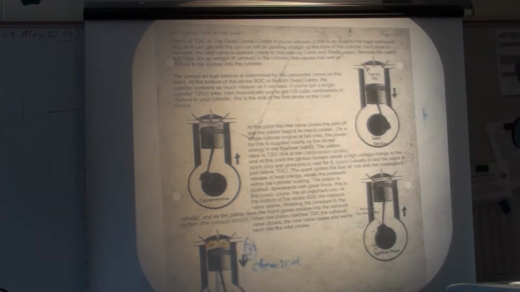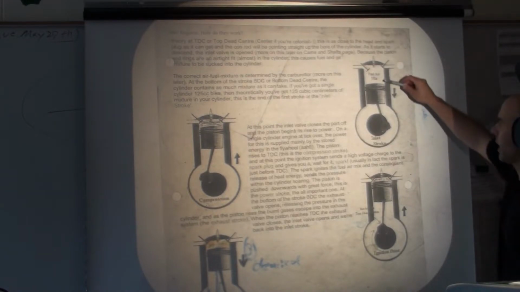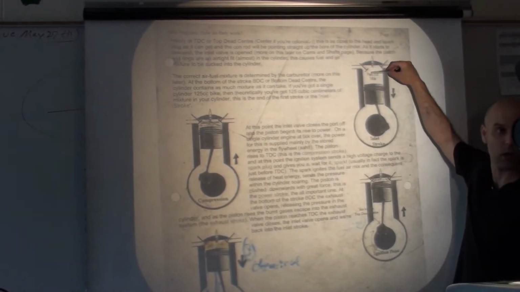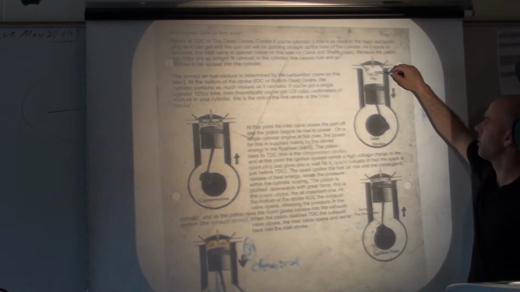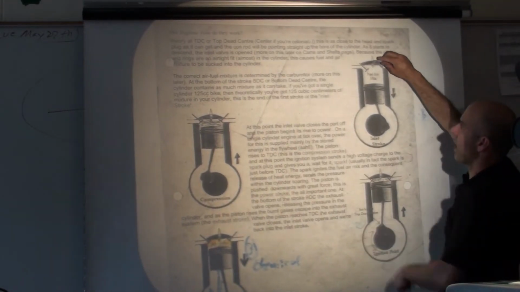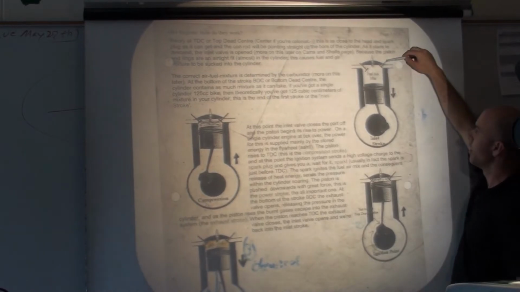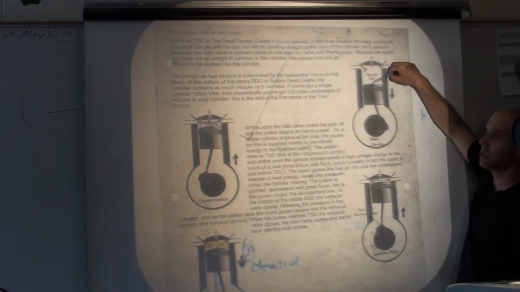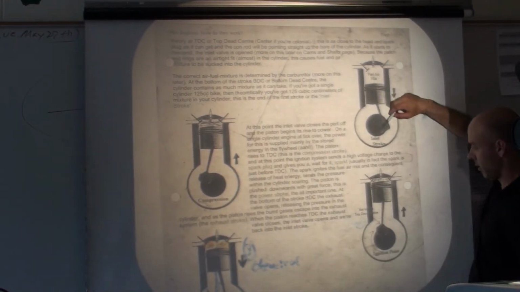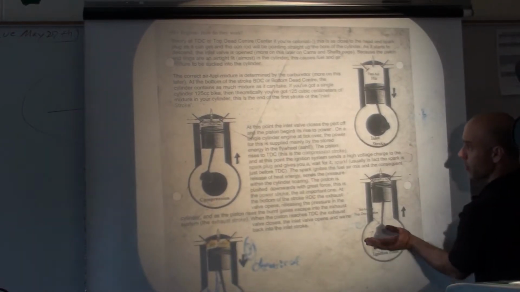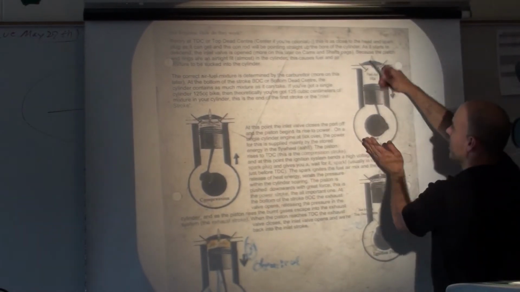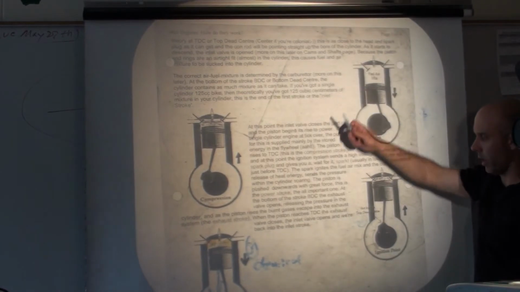So this is how your car works, Danielle. You've got this area here called your cylinder. You open up a little valve, in comes the gasoline. You open up the other valve, in comes the oxygen from the outside. Then the piston compresses it. The piston goes up and squishes it into a small little area.